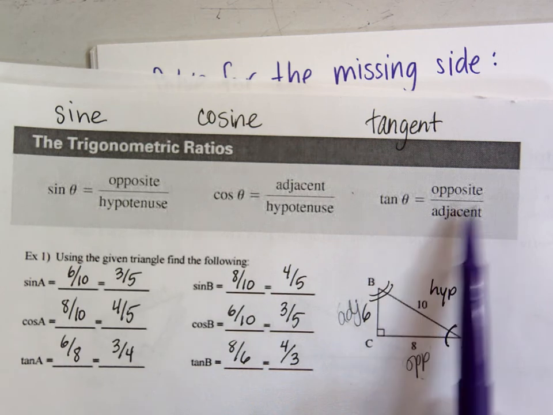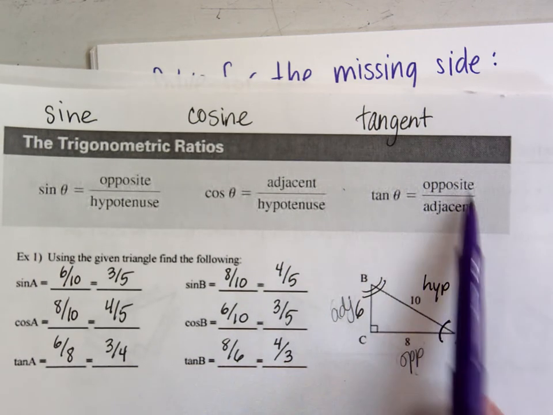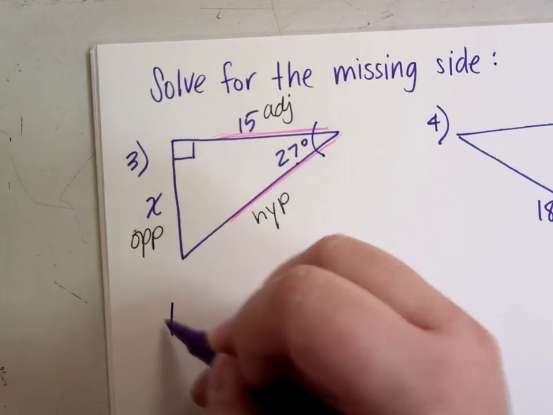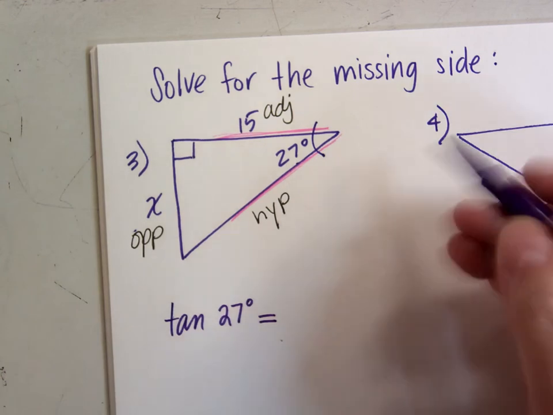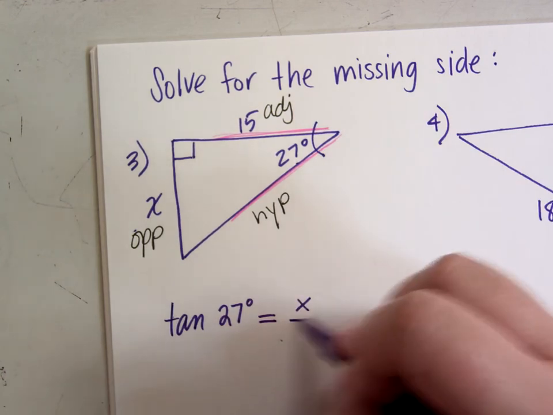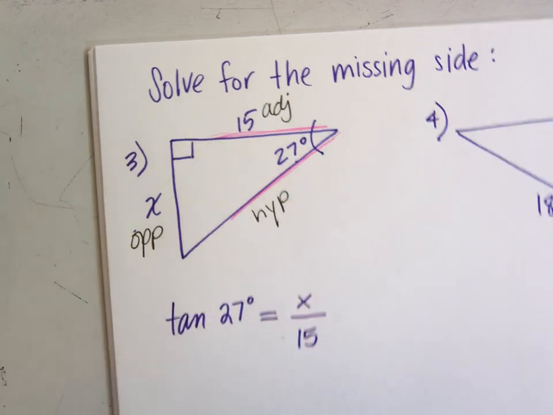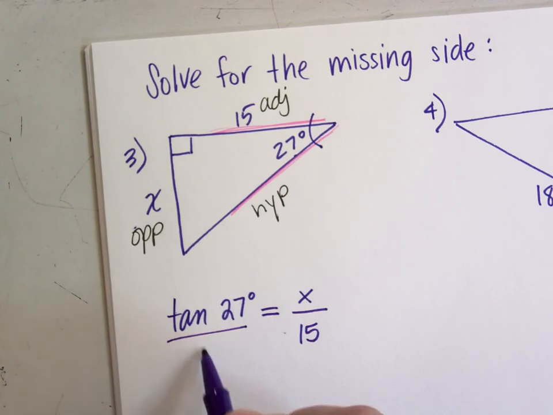So I'm going to write an equation that looks just like the definition but has things filled in. Tangent of my angle equals the opposite side over the adjacent side. Writing that equation is the next step.